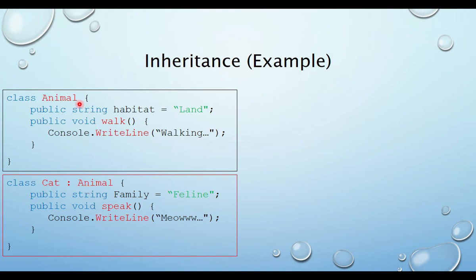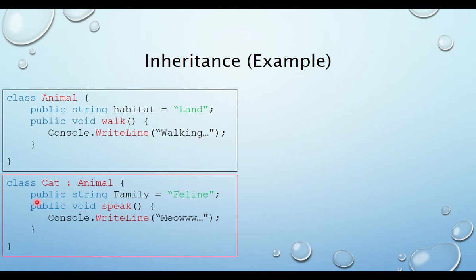This is the base class, and the cat here is the derived class. From the animal base class, we have a property, also known as a variable, called habitat, and it has a value of land. Then we have a method named walk, and if this method is called, it will display a text on the screen saying walking.